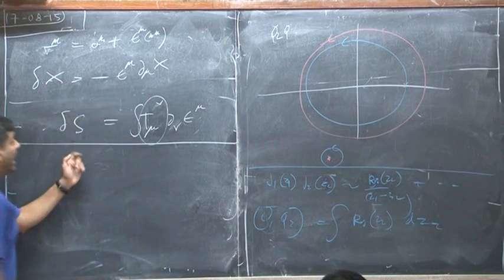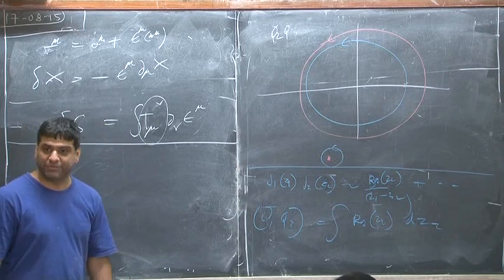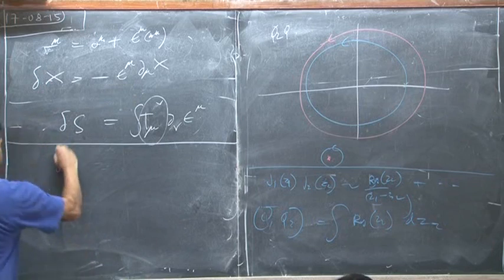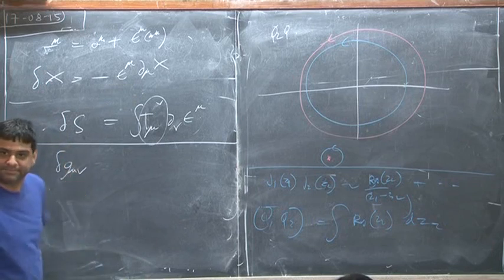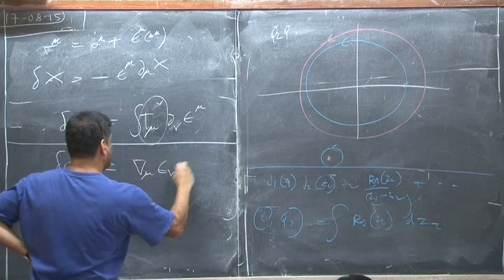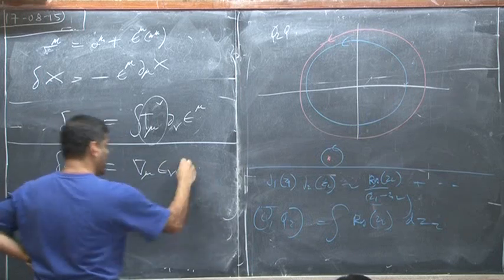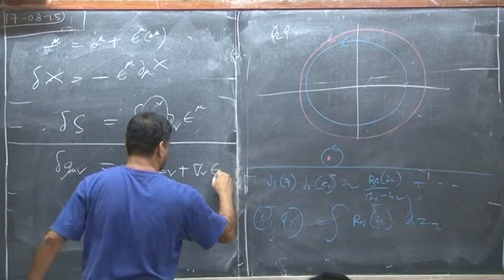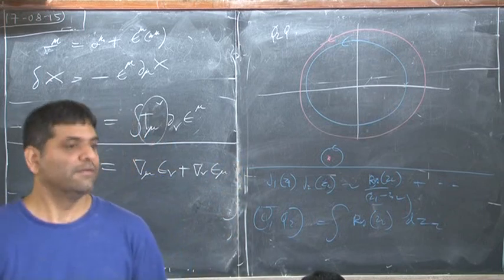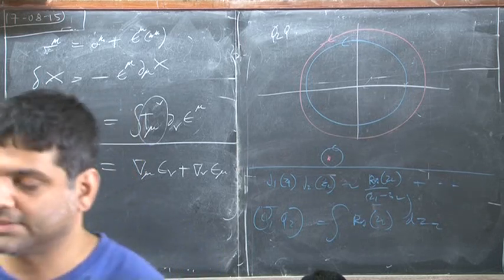But how does the metric change under a diffeomorphism? Well, all of you know that delta g mu nu is equal to del mu eta nu plus del nu eta mu. It's a famous formula for the variation of a metric under an infinitesimal diffeomorphism.